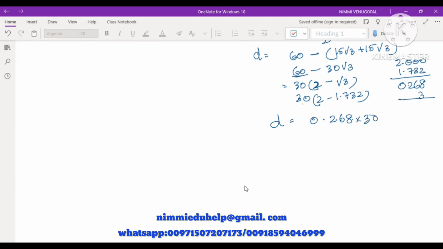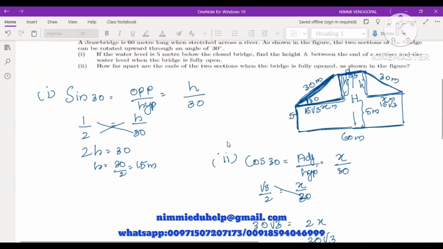So we have to multiply it by 30. Then I have to move 3 decimal places: 1, 2, 3. So D is equal to 8.04 meters. So when it is open, both sections are 8.04 meters apart.